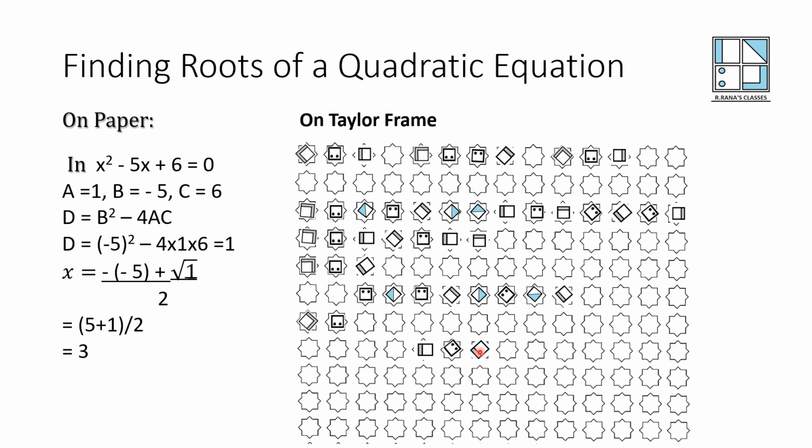Thus, on calculating, we get x is equal to 5 plus 1 brackets close divided by 2, which is equal to 3. Thus, first root of the quadratic equation is 3.